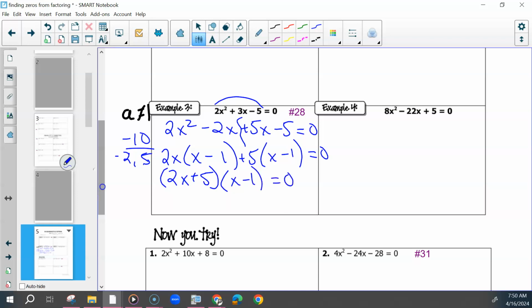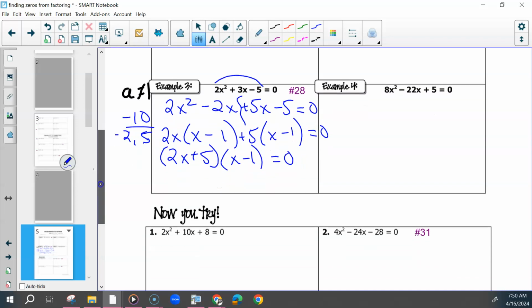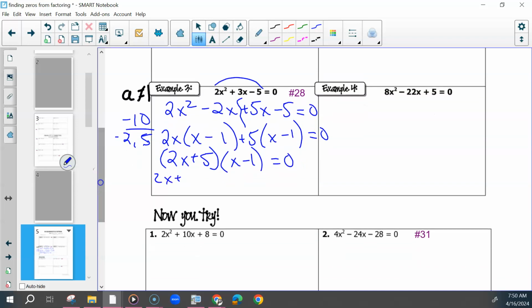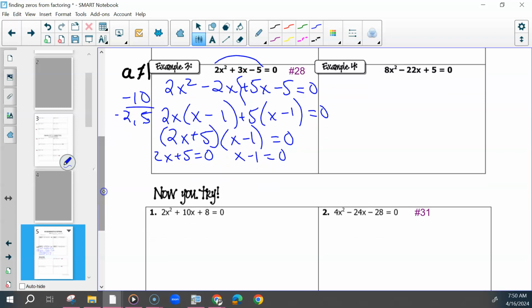And then if we set both factors equal to 0, this one we would know is what? 1. But this one we need to solve. What would that other 0 or solution be?